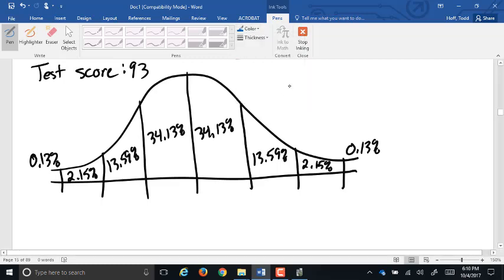Now, we need some more information to make this any more detailed. Let's say that you find that the mean of all people who have taken this test is 79, and the standard deviation is 14.